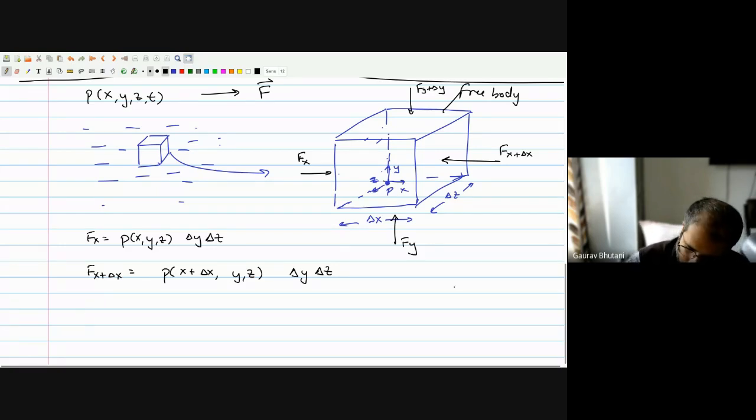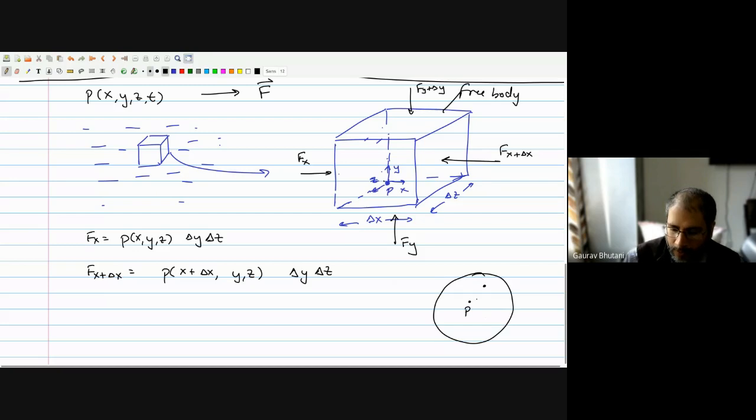So what Taylor series does is, if you know the value of a function at a point, let's say point P, and you also know the value of all the derivatives of the function at point P, then you can calculate the value of the function at some other point in a neighborhood of point P. So all I know is the information about the function and all its derivatives at point P, and that helps me calculate the function value at any point in this neighborhood.